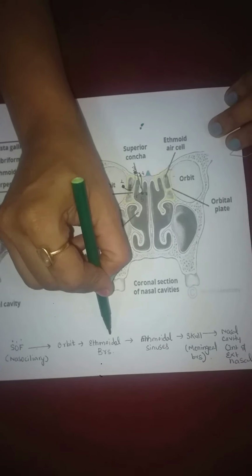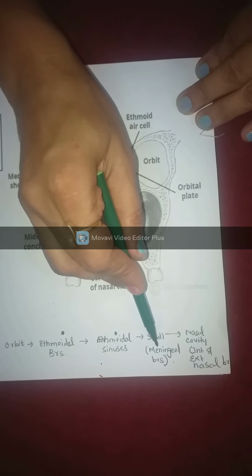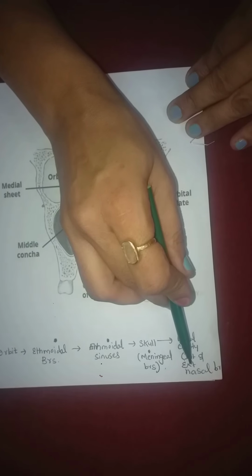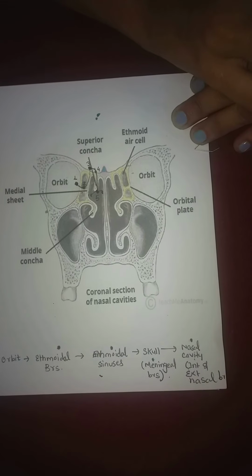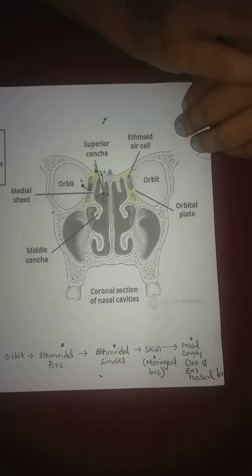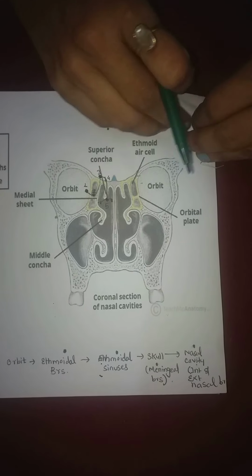It gives the ethmoidal branches which innervate ethmoidal sinuses, give meningeal branches, enter the nasal cavity, and give internal and external nasal branches. That's the whole story of the ethmoidal foramens and the ethmoidal nerves, which are main constituent passing. Do not forget the vessels, but I was interested in nerves, telling you the nerves first.